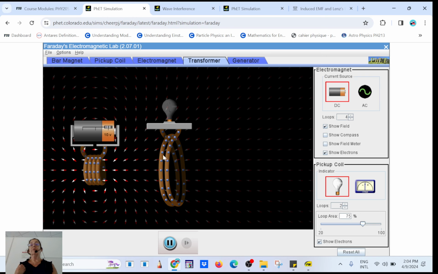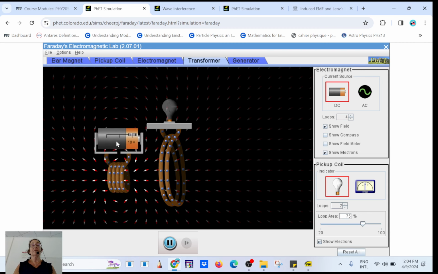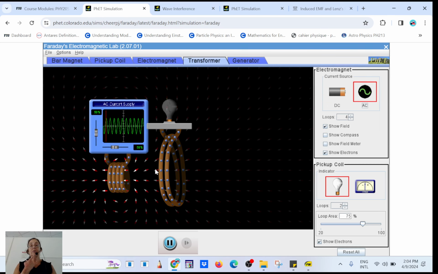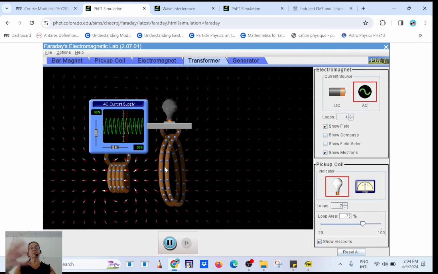So the number of field lines poking through this area is not changing with time, so you are not inducing anything. However, if instead of having a DC here, I have an AC, you see the number of field lines are changing with time because the magnetic field expands, collapses, expands, collapses.